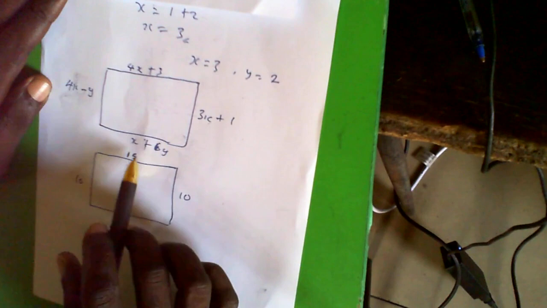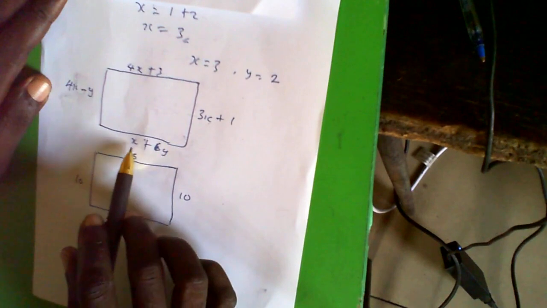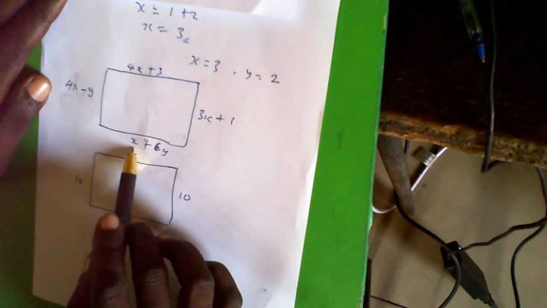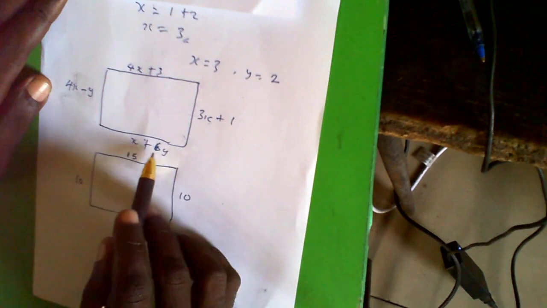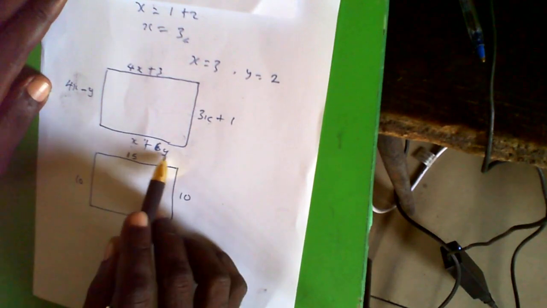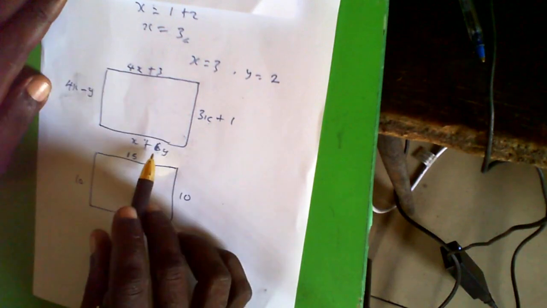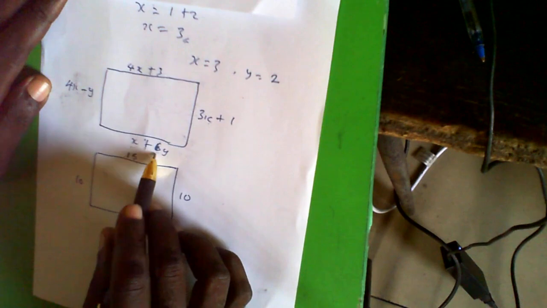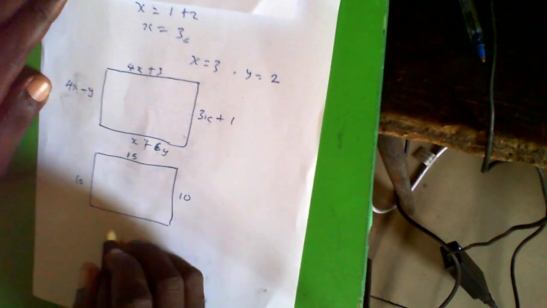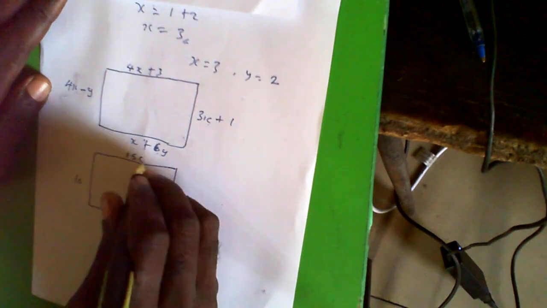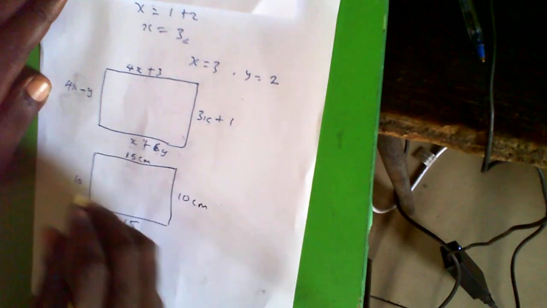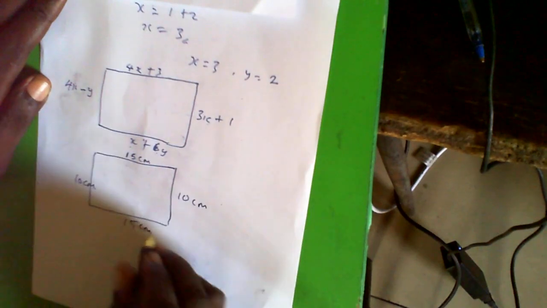Then the last one is x plus 6y: x is 3, and y is 2, so 2 times 6 is 12, plus our x which is 3 gives us 15. So yes, all in centimeters.